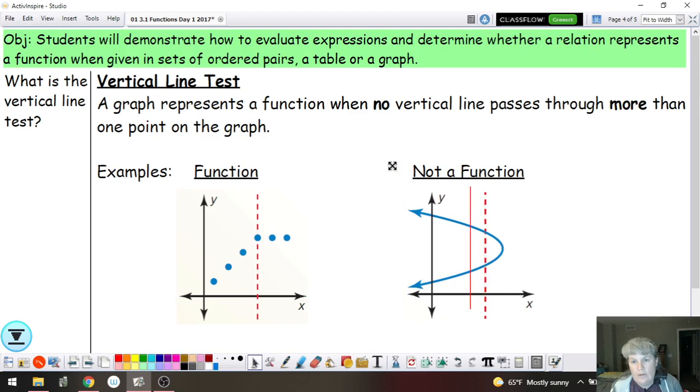So when we take a look at where the dashed line is going, they're saying it's not a function. It's touching my graph at 2 points. So for this particular x value, it's being paired with 2 different y values. So these 2 points are going to have the same x value, but they're going to have different y values. That means we have the same input paired with 2 different outputs. That makes it not a function.